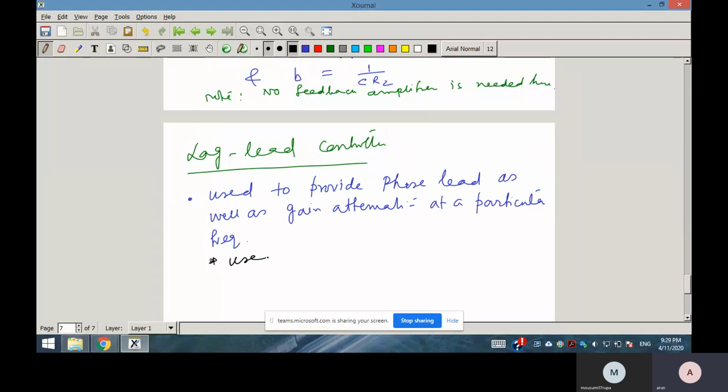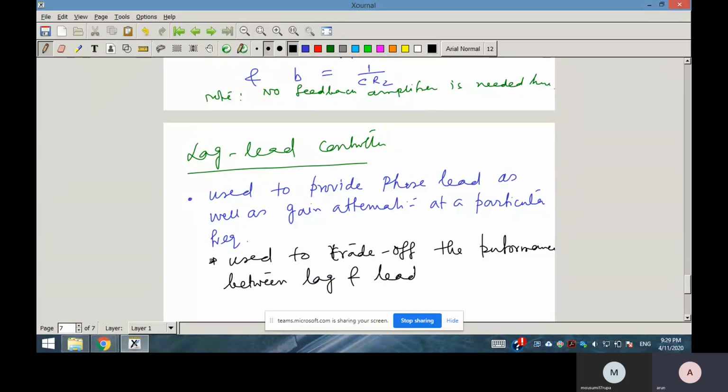It is used to trade off the performance between lag and lead controllers.